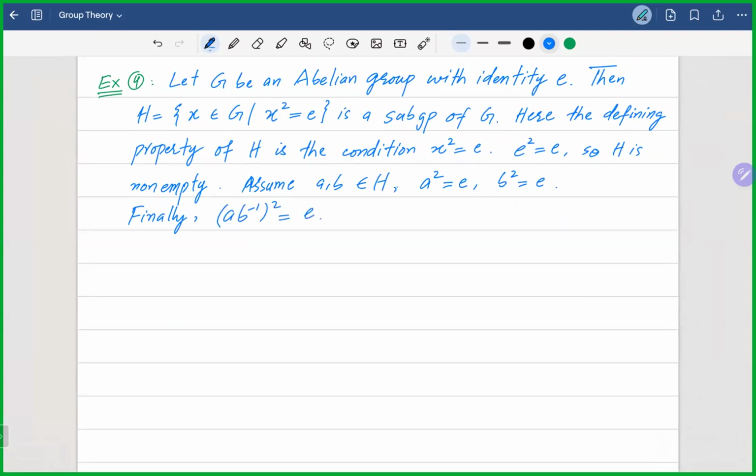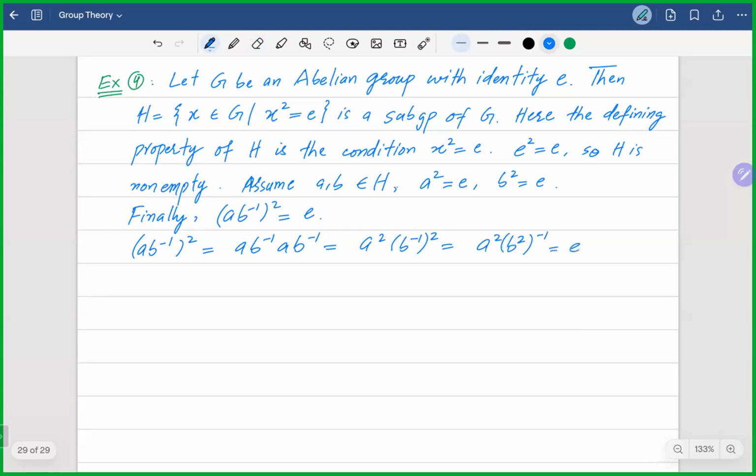Since G is abelian, we can say that AB inverse square is A B inverse A B inverse, and that can be written as A square B inverse square, or you can write it A square B square inverse.